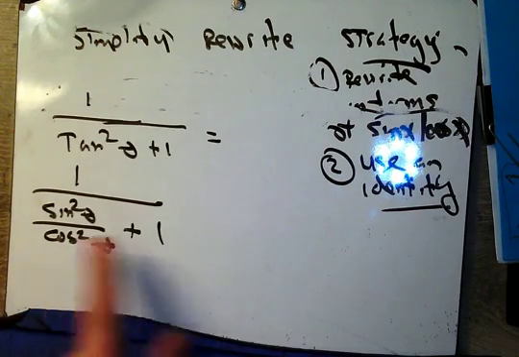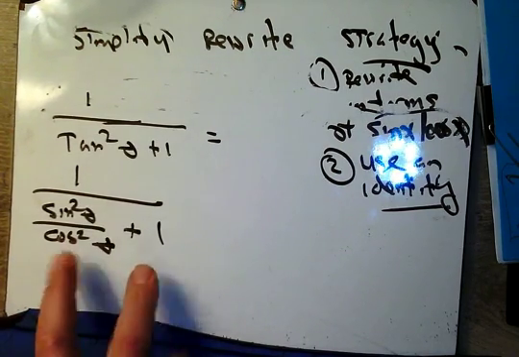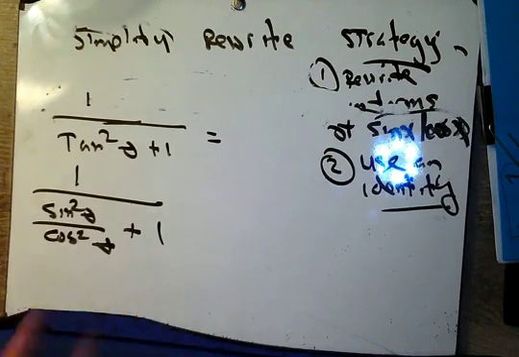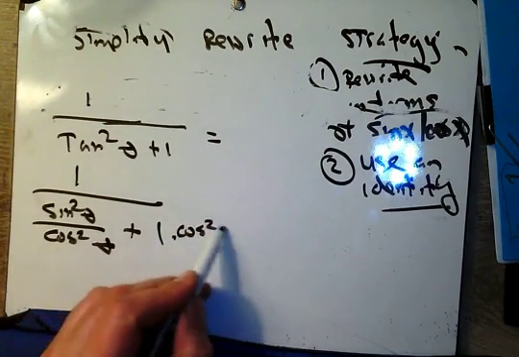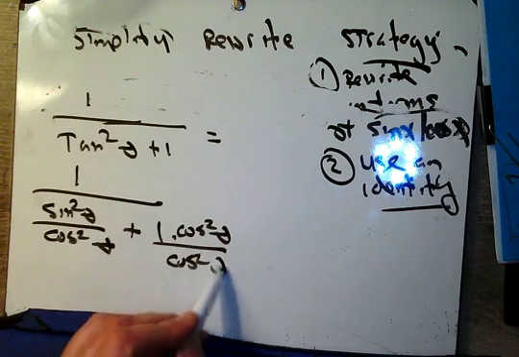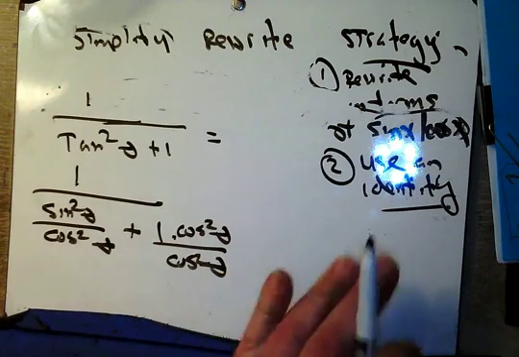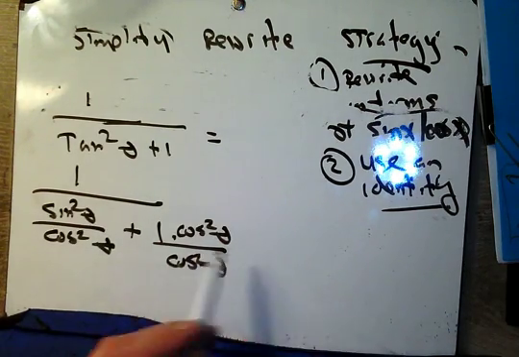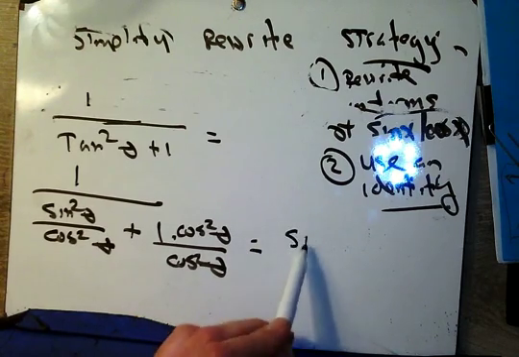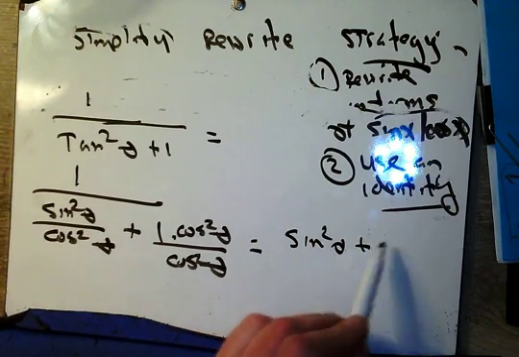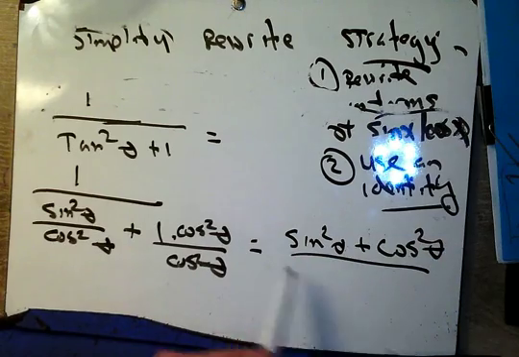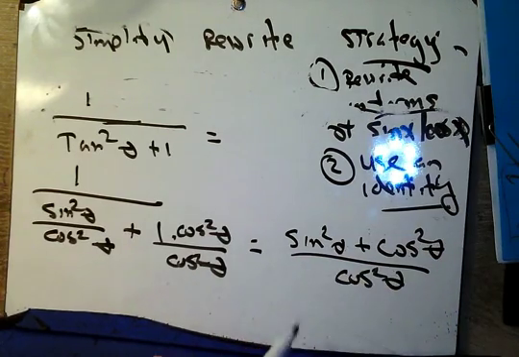Well, I need to make a common denominator if I'm going to add these two, because one thing is better than 2. I'm going to multiply by cosine squared over cosine squared. Okay, so where does that bring me? Well, that brings me to sine squared plus cosine squared over cosine squared.